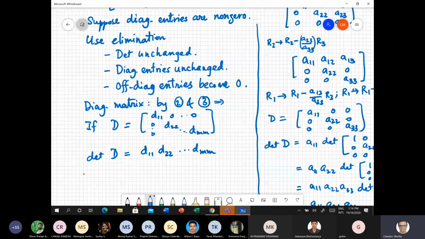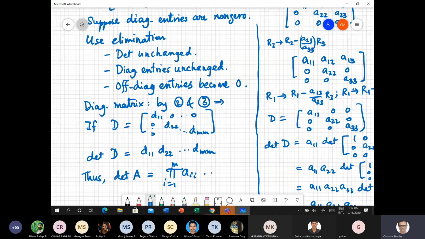Therefore, determinant of A is the product, i equal to 1 to m, of Aii for triangular A.